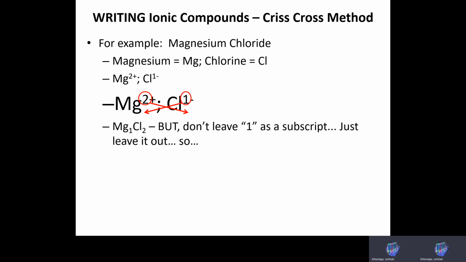If it's not written, that means you have 1. So I don't need to put a 1 to tell you that I have 1. You're just going to leave it out. So the final formula for magnesium chloride is MgCl2. Hopefully that makes sense.